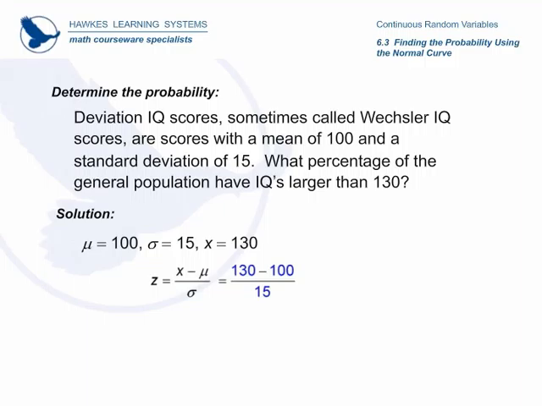Using our z-score, we have 130 minus 100 divided by 15, and that gives us 2.00. And so for our probability, we see that 2.28% of the population have IQs larger than 130.